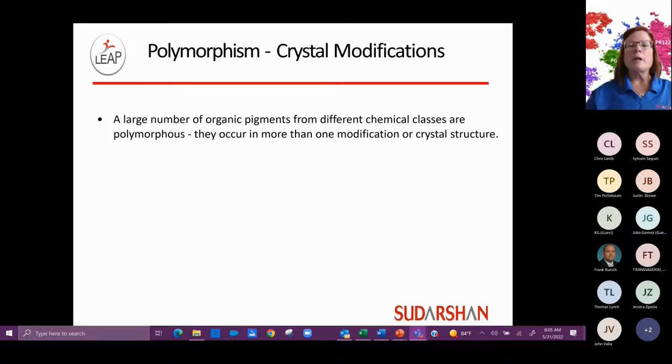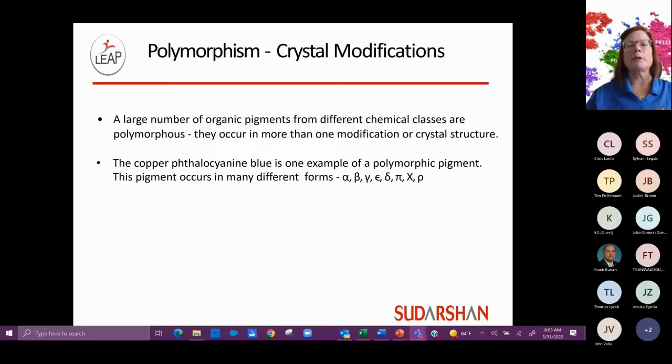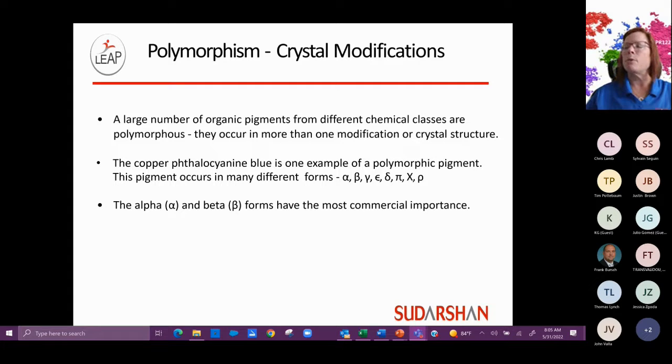Polymorphic, modification, and crystal structure are all synonyms for this particular feature of this chemistry. Copper phthalocyanine blue is one example of a polymorphic pigment because it occurs in many different forms. However, the alpha and beta forms have the most common commercial importance.